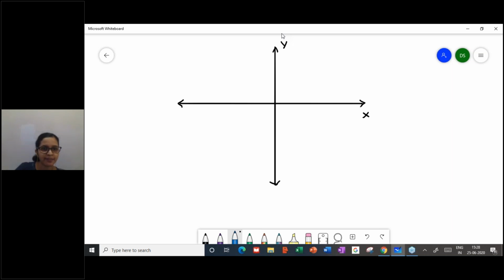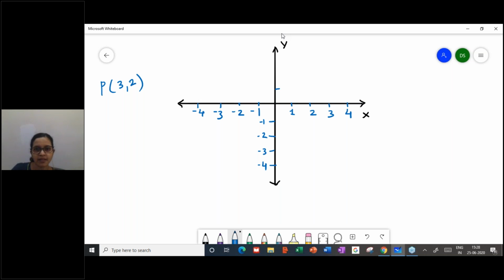So this time we'll consider a point (3, 2). First thing, I mark equidistant points. You know the meaning of equidistance, right? That is basically the same distance. So the distance between -1, -2, -3 should be the same on both the axes.